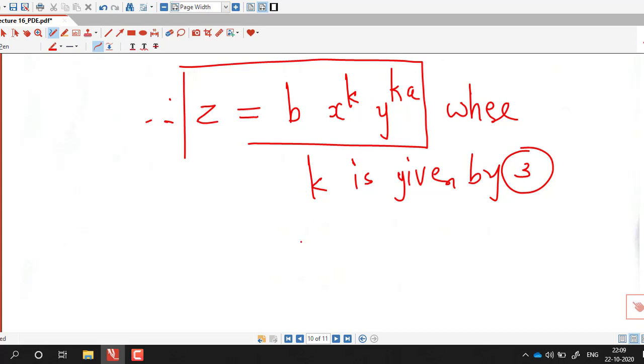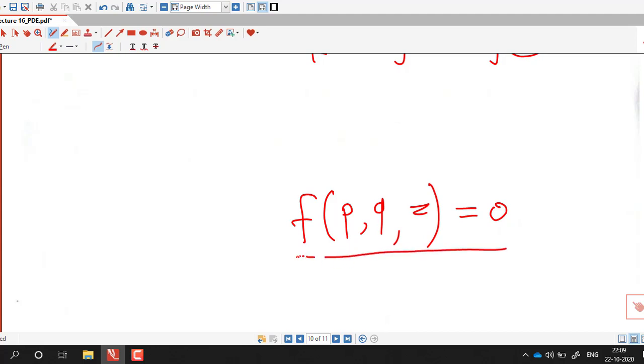So in this way, if our equation is in standard form 2, which is p q z equal to 0, then we can find the complete integral easily, and as compared to Charpit's method, it will not be very lengthy.